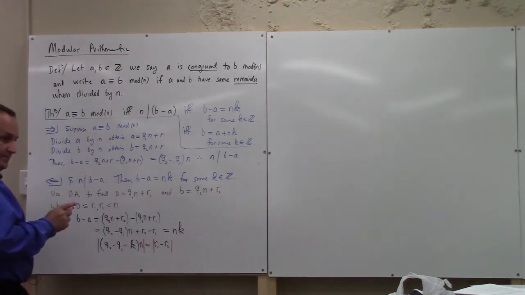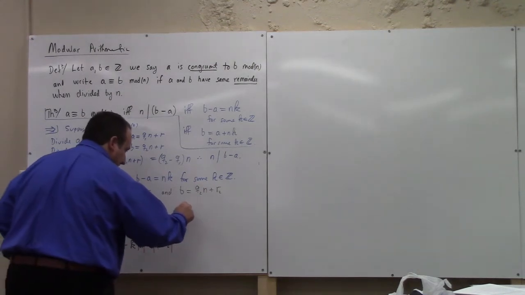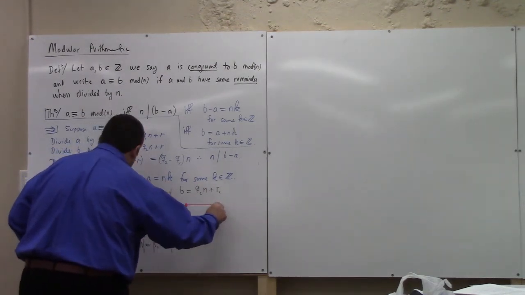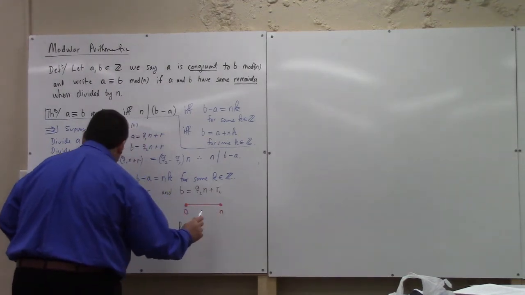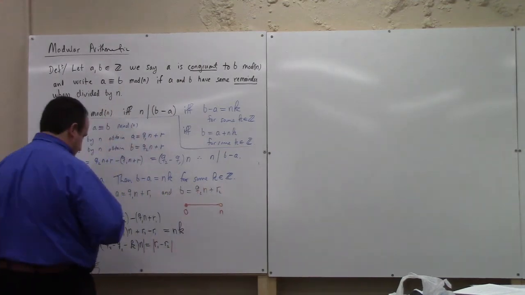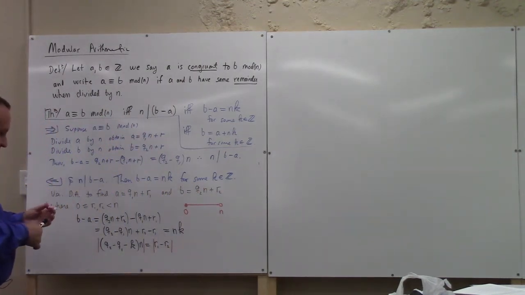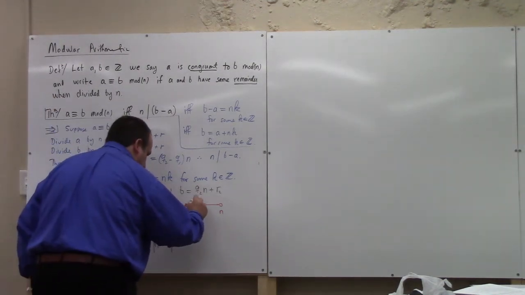Let me draw you a picture. So here's my picture. 0, n. But I should really include a circle there. See, because R1 and R2, they have to fit somewhere up in here, right?